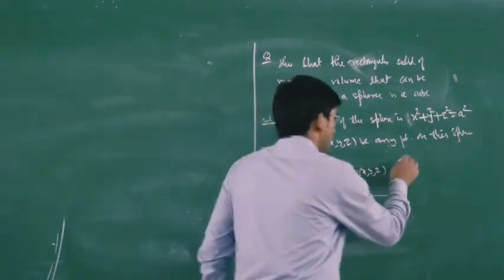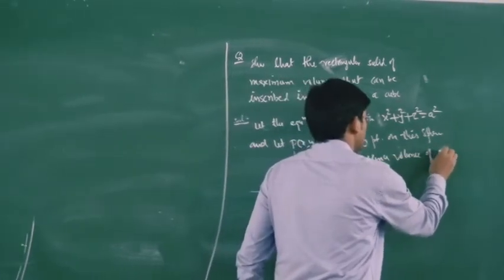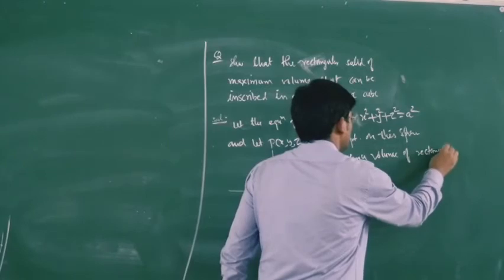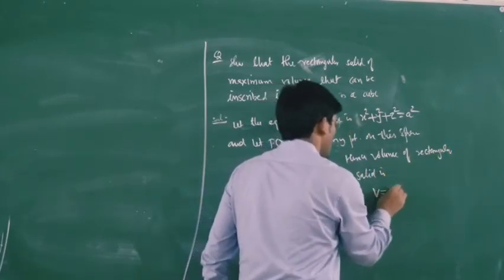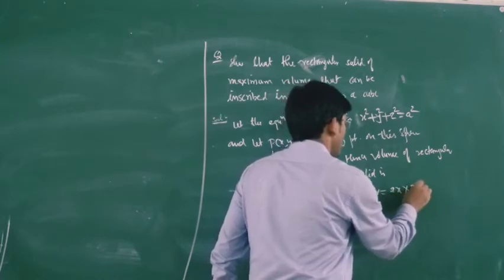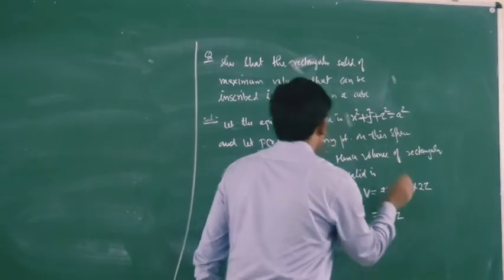So hence the volume of the rectangular solid is V equal to 2x into 2y into 2z. So this is equal to 8xyz.